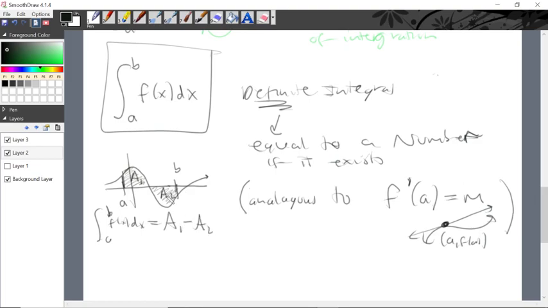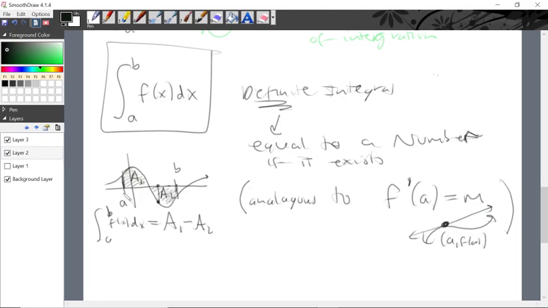I said to interpret this as an area. That means I'm interpreting this as positive. The reason we're subtracting is, well, consider that the actual output of f, what is f of x right here, for instance? f of x itself is a negative number. I don't want the area to be negative, so instead I'll determine the absolute value of f of x times dx, but the value of the integral will actually be a difference between these two geometric areas here.